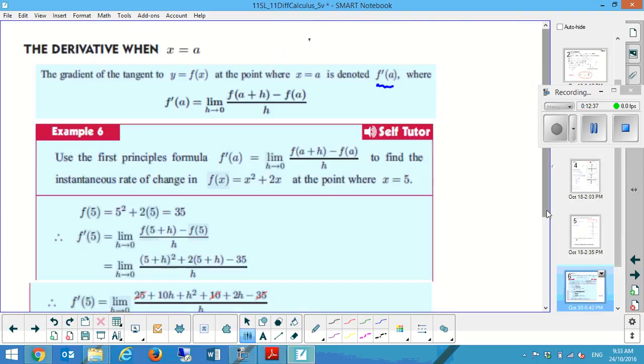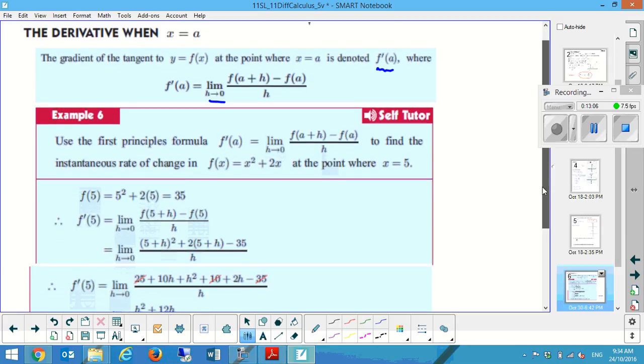But we can calculate the derivative at a point, and that's the notation. So in this example here, what we're doing is calculating the derivative when it's at a general point a. So our derivative function then becomes f dash of a equals the limit as h approaches 0. We're still getting that smaller. But now instead of writing x here, we're putting our a value in. So f of a plus h minus f of a, all divided by h.